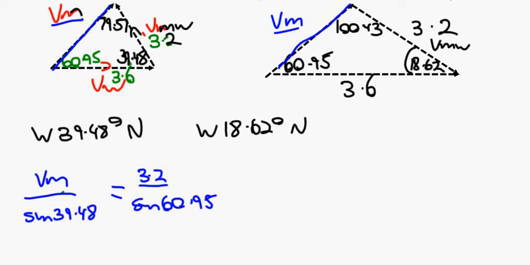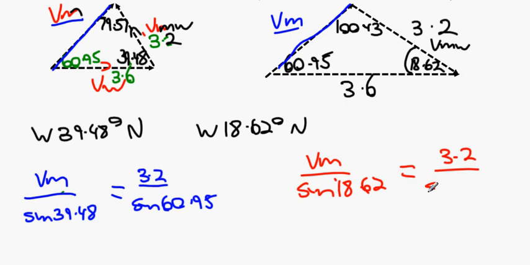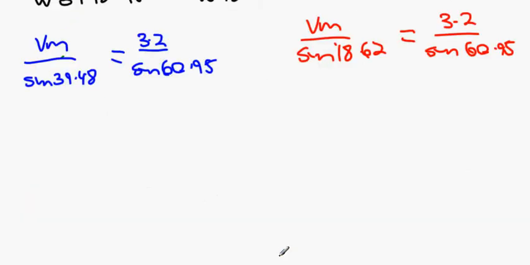And in the second triangle, it's going to be velocity of man divided by sine 18.62 equals 3.2 divided by sine 60.95.